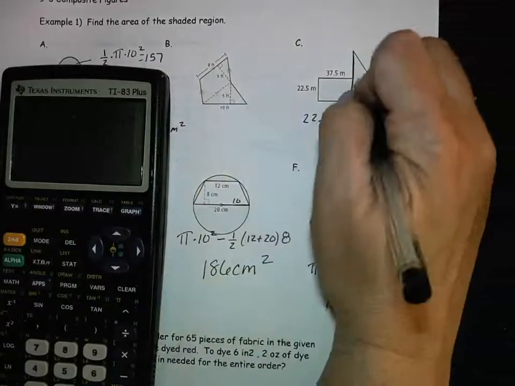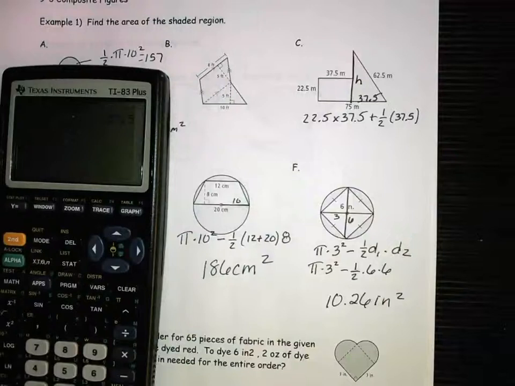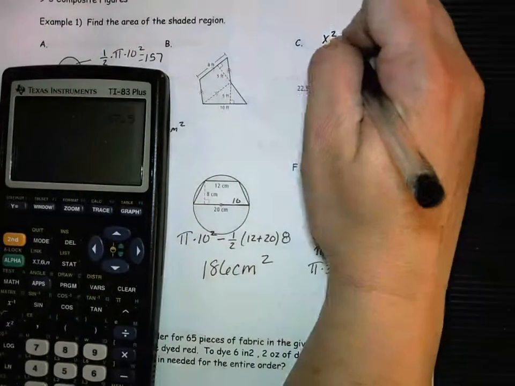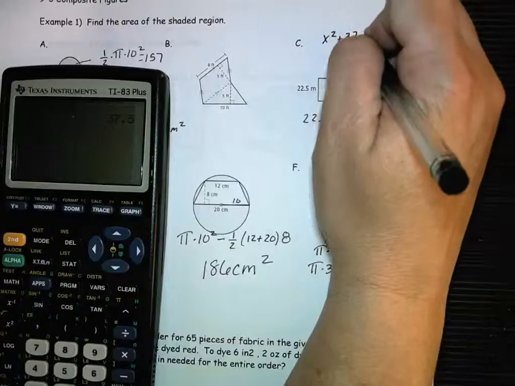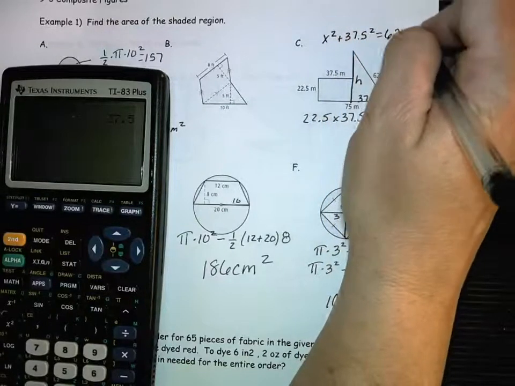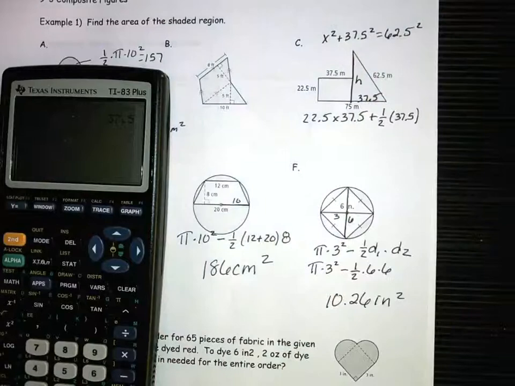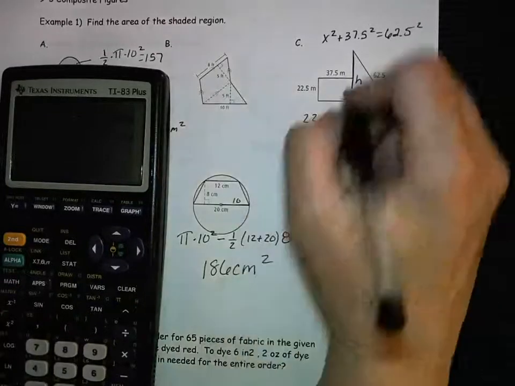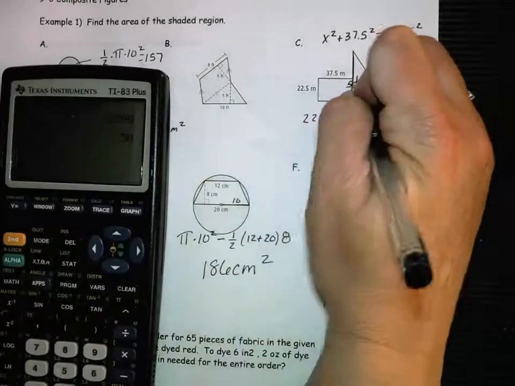So to figure out our height, we're actually going to have to do Pythagorean theorem. X squared plus 37.5 squared equals 62.5 squared. And your height in this case ends up being 50.